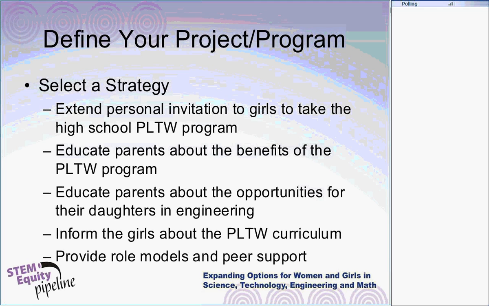We needed to also educate parents about the benefits of the program and about the opportunities for their daughters in engineering, as well as educate the daughters about their opportunities in engineering. We wanted to inform the girls about the Project Lead the Way curriculum, and also to provide role models and peer support for them in some way.